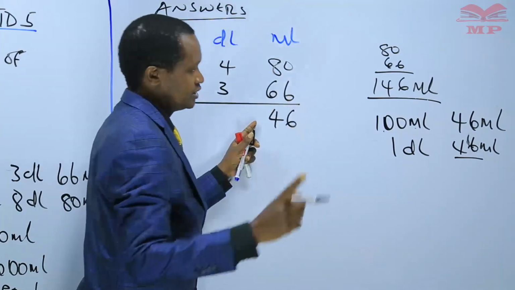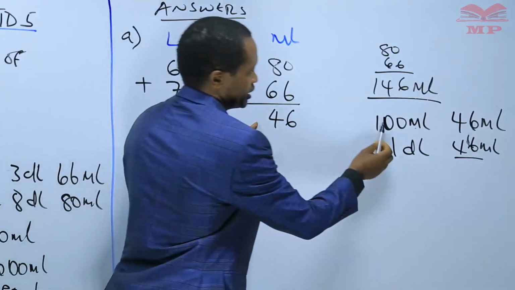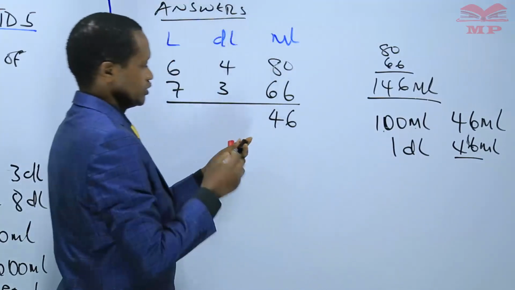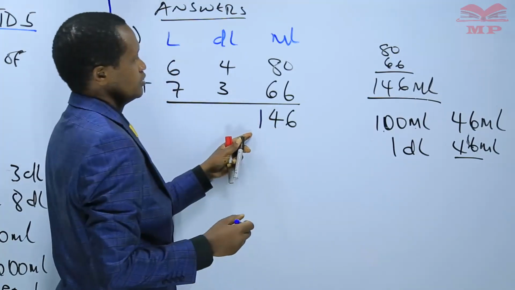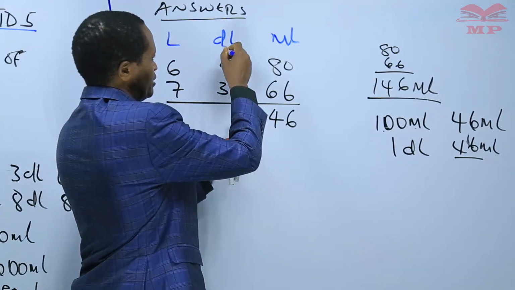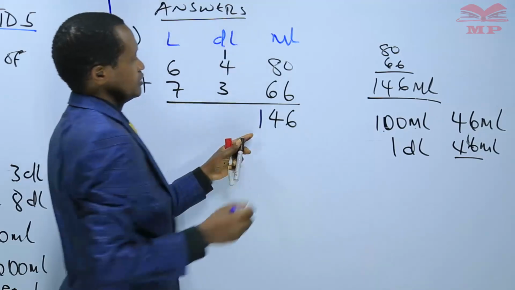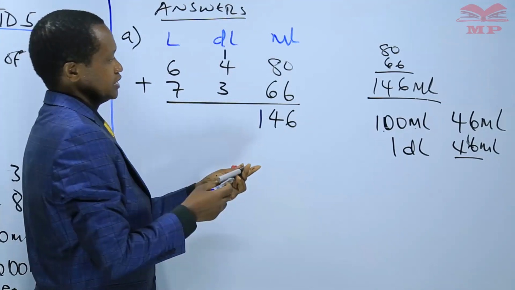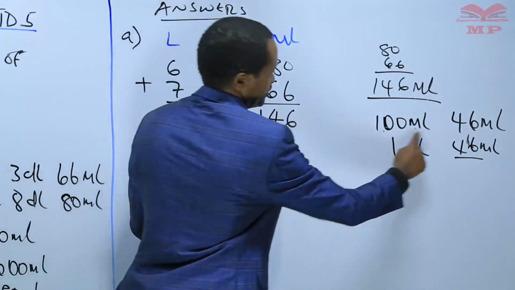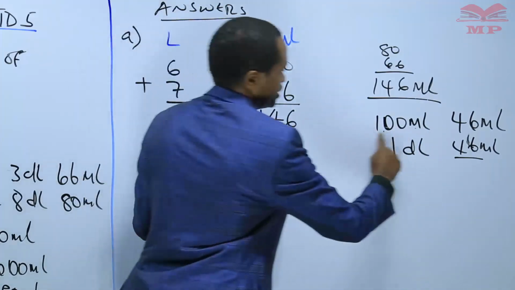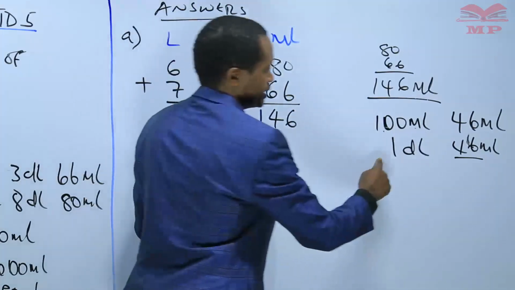1 deciliter, which is equal to 100 milliliters. So instead of writing it here, we write it here. This 100 milliliters is equivalent to 1 deciliter.